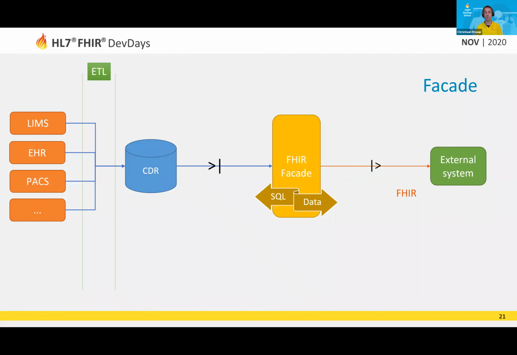So this search must be translated into SQL or some other language that is understood by your CDR. And then when the CDR returns its data, you have to map that data back into the FHIR resources that are being expected by the external system. So it's a two-way translation.